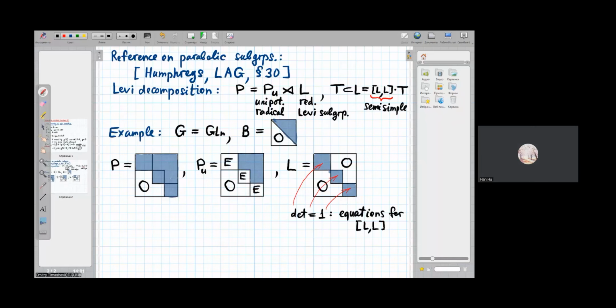Well, it is a computation because it suffices to prove it for a single block, because this L is a product of GL_k where the k's are sizes of blocks. The derived subgroup of a product group is the product of derived subgroups of factors. So it suffices to prove this for a single block. And it is well known that the derived subgroup of GL_N is SL_N. Oh, I see. Okay.